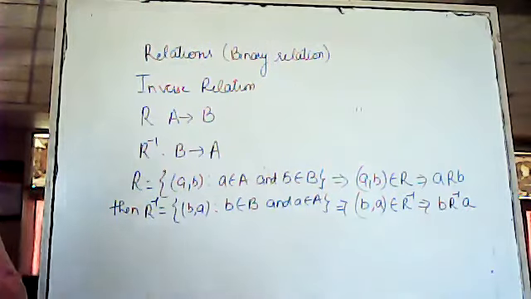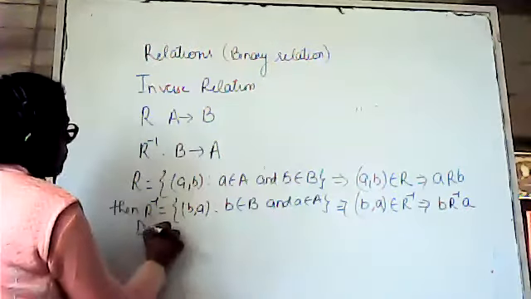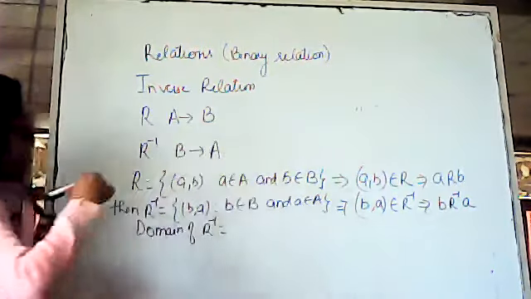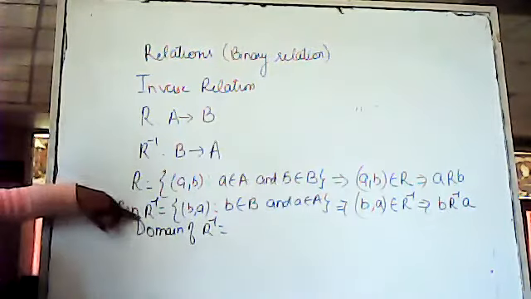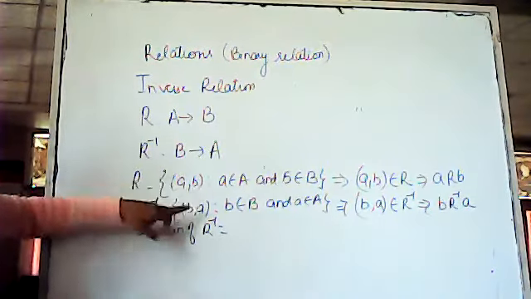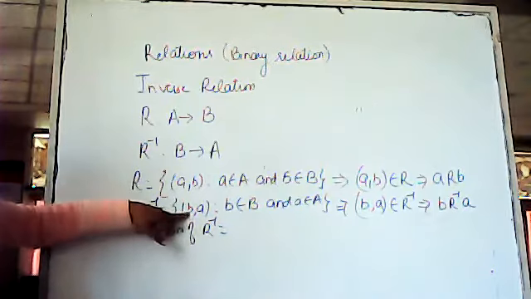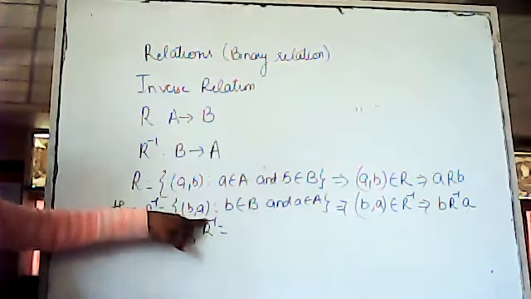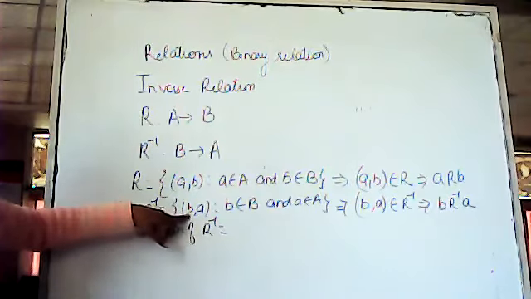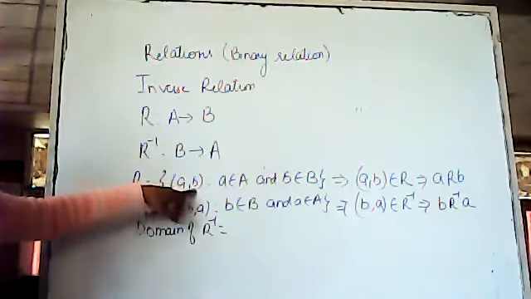Also, domain of R inverse, it will be. Now see, this is R inverse. This is the element of domain and this is the element of range. So domain of R inverse क्या है? Element b. लेकिन ये R का क्या था? Range element.